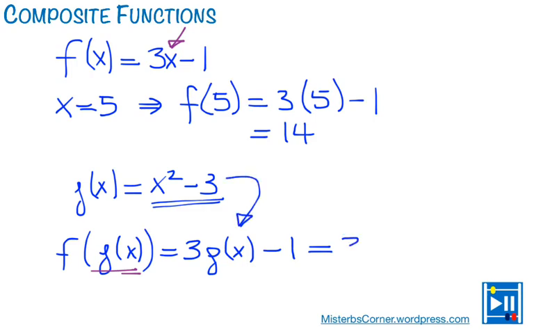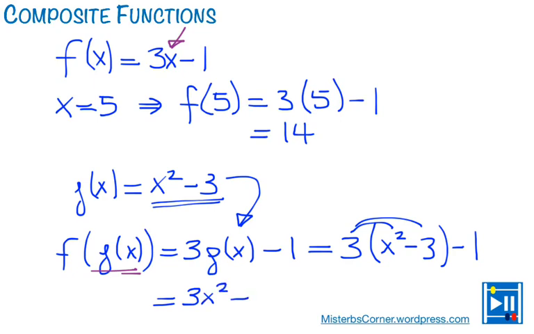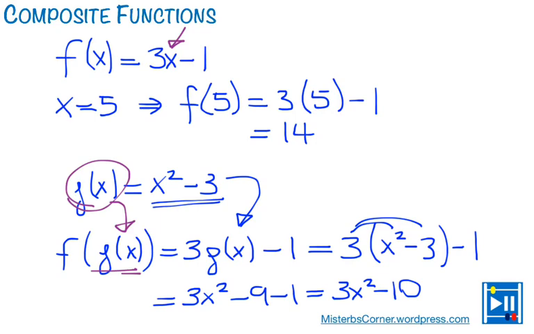So it's going to be 3 times x squared minus 3 minus 1, which will simplify to, let's expand first, 3x squared minus 9 minus 1, which is 3x squared minus 10. So it is possible to substitute an entire function into another function.